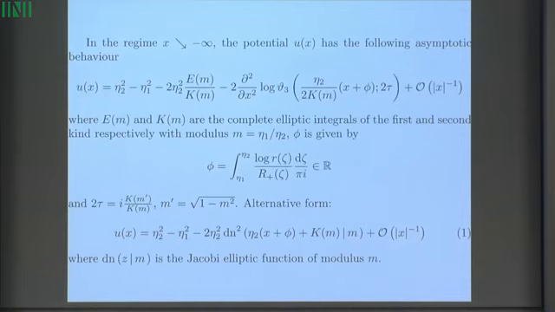So the important part of this slide is that there is an explicit asymptotic formula as x goes to negative infinity for the potential, and it's just a periodic oscillatory function. It's not going to 0 at infinity. You can rewrite it if you want using the Jacobi theta functions. This is sort of a lost art, but Tamara Grava and Bob Jenkins both have resurrected this art in their secret underground layers.